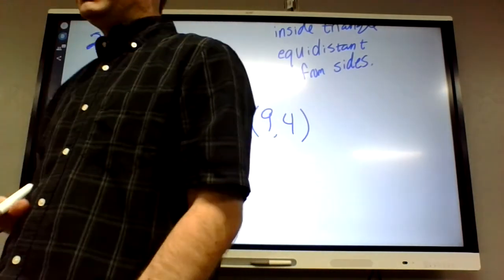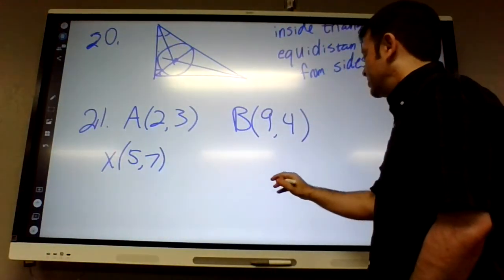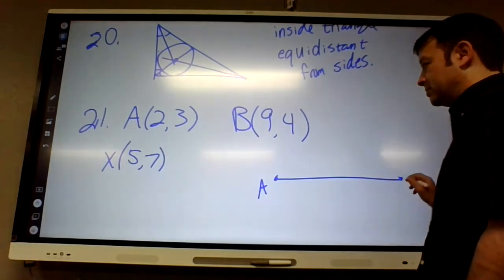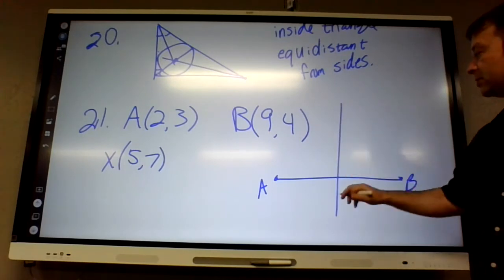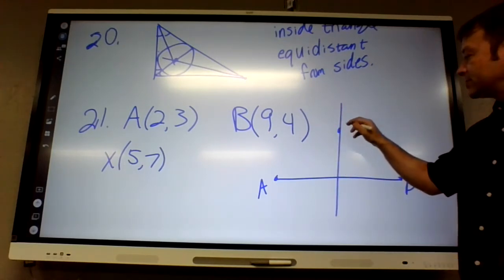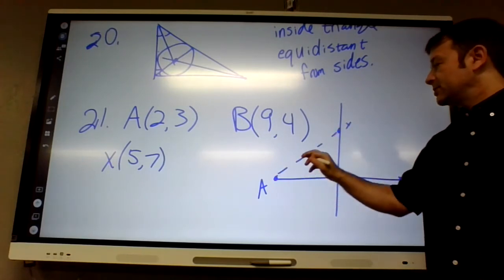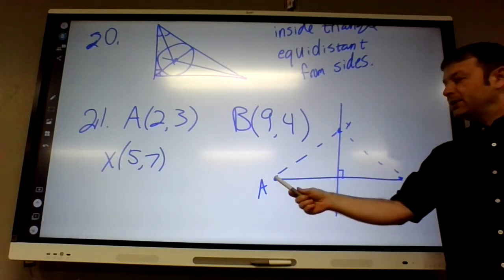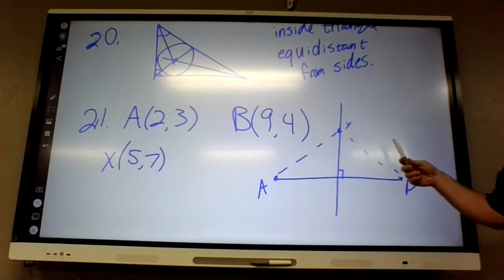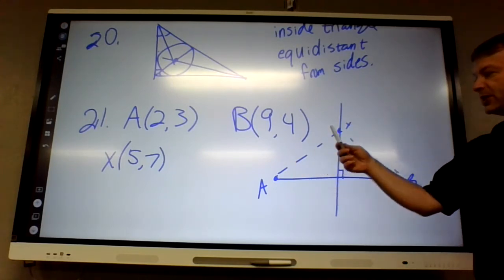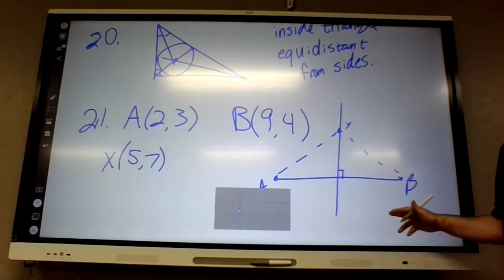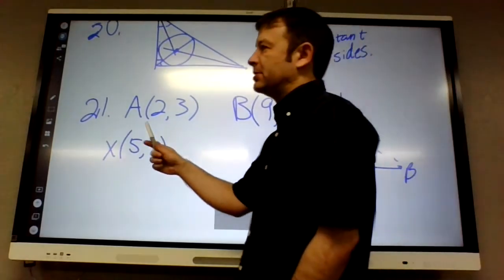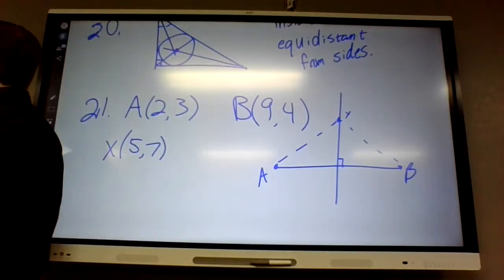If X is on the perpendicular bisector, what do we know? Okay, we talked about this on number 1. We know that X has to be the same distance from A as from B. How can we show that X is the same distance from A as it is from B? How can we show distance? Distance formula.